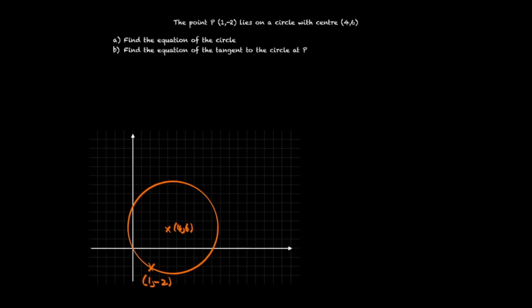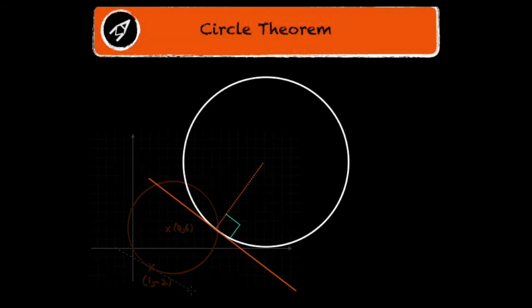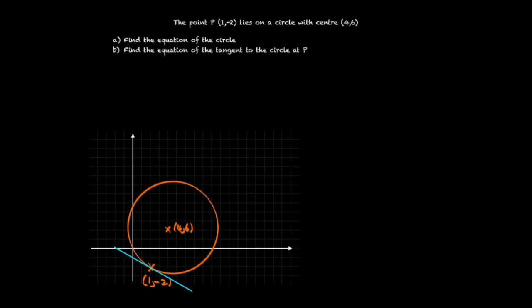Part B, find the equation of the tangent to the circle at P. From our circle theorems, we know that the tangent at a point is perpendicular to the line connecting that point to the centre. And so if we can find the gradient of this line here, then we can use the equation m1 times m2 equals minus 1 to work out the equation of this perpendicular tangent.